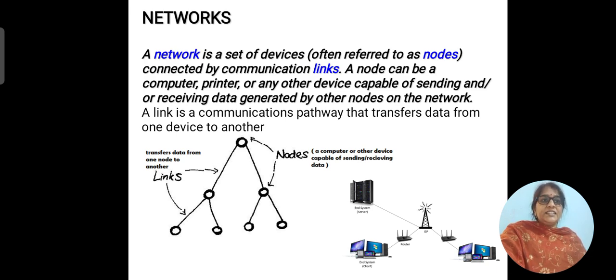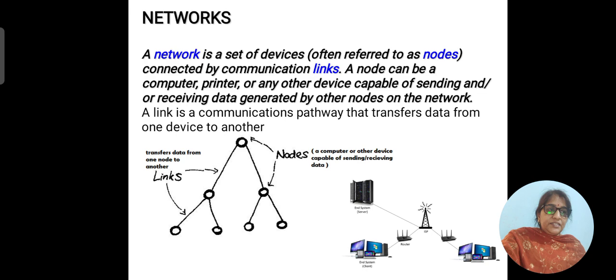So in this slide, in another figure, we have the client, which is nothing but a group of computers, and a server, which is nothing but a system, and then again an ISP, then a router, then again a group of computers.